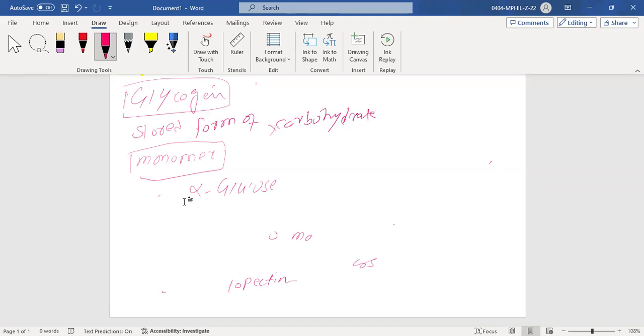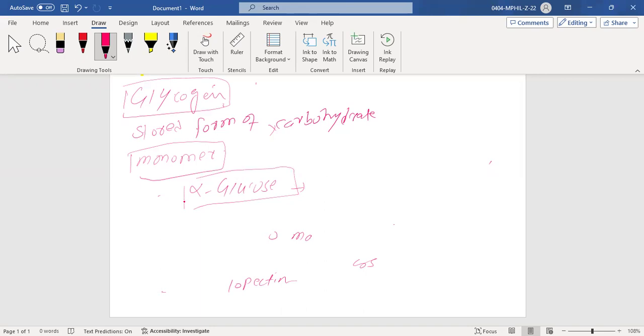So alpha glucose here forms a highly branched structure, as we have discussed in the case of starch. You have discussed that amylopectin is branched, but it is less branched as compared to glycogen. In glycogen, this alpha glucose is highly branched.